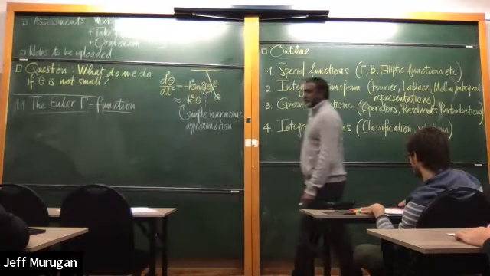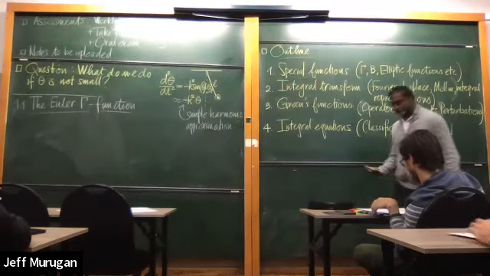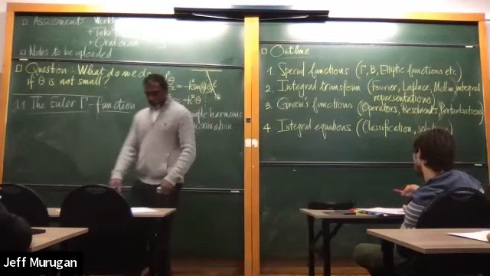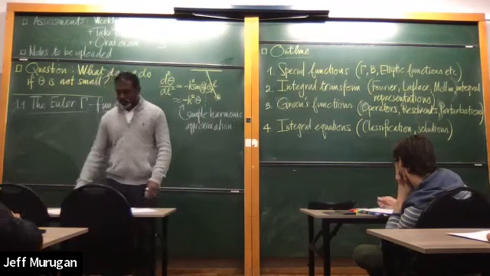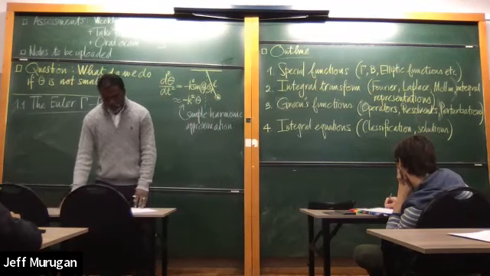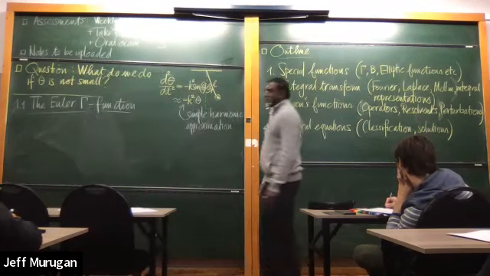We're going to build our way to answering that question. But for the moment, I want to start off and just remind you about something that I hope you know already. This is the Euler gamma function.